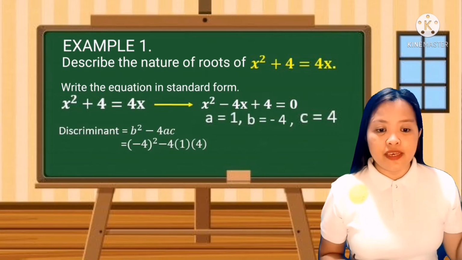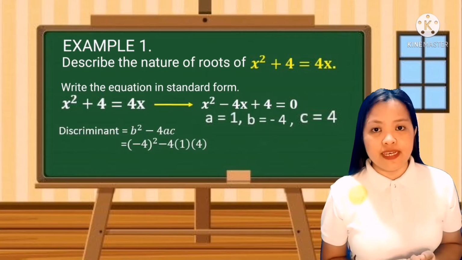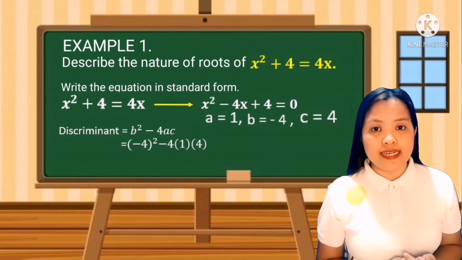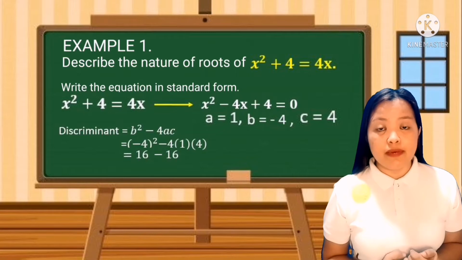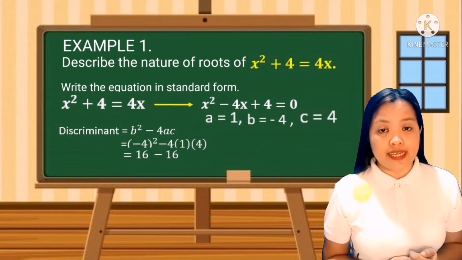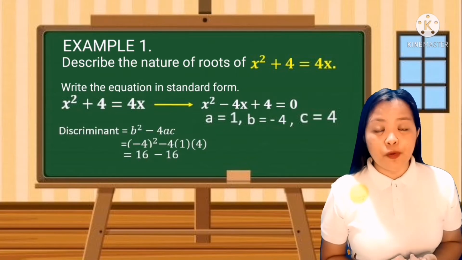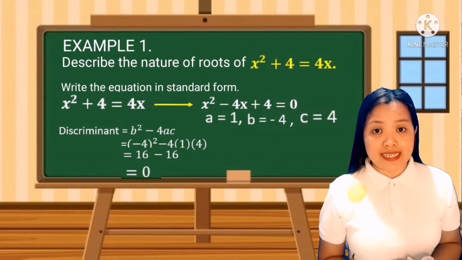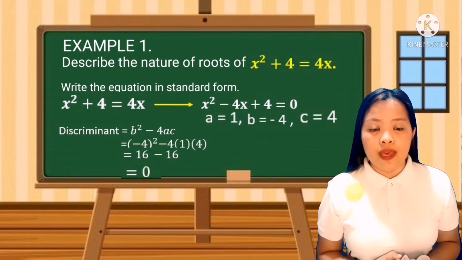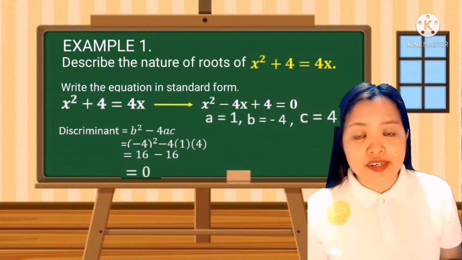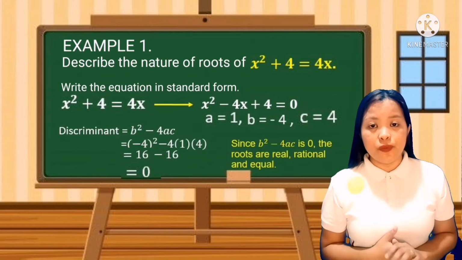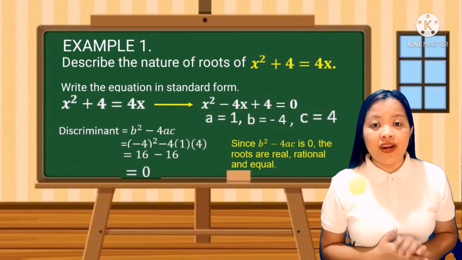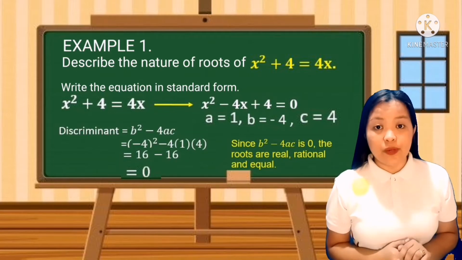Solving, negative 4 squared is equal to 16, and negative 4 times 1 times 4 is equal to negative 16. So 16 minus 16 is equal to 0. Since the value of the discriminant is equal to 0, the roots are real, rational, and equal.